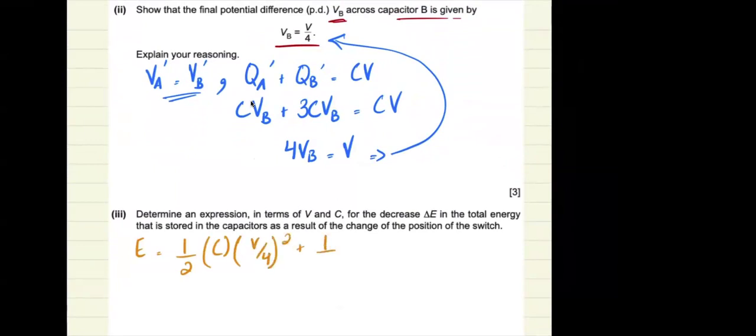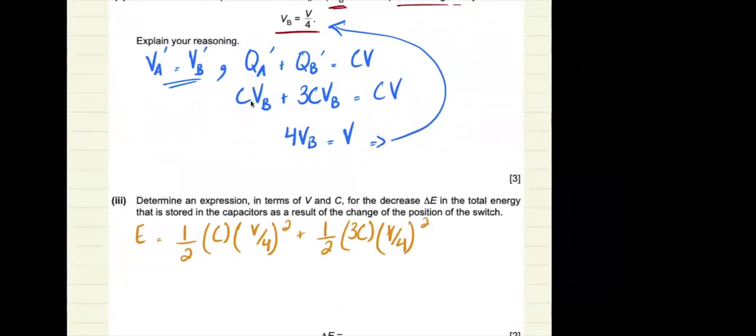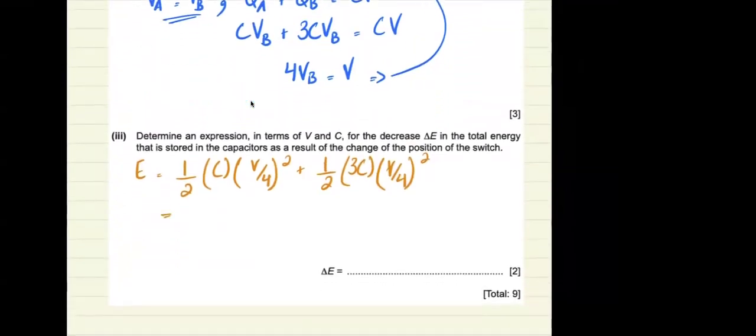And for the other one, it's half, capacitance is 3C, and the voltage across that is V by 4 as well. So 16 and 2, this would be CV squared over 32, plus 3 again over 16, so 3CV squared over 32. So this becomes 4CV squared over 32. This is the new energy.